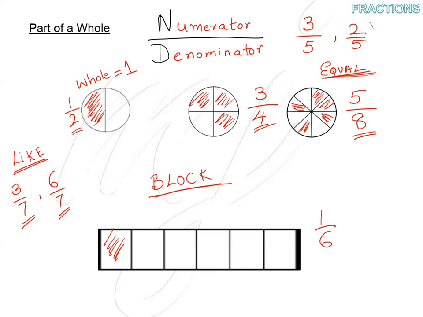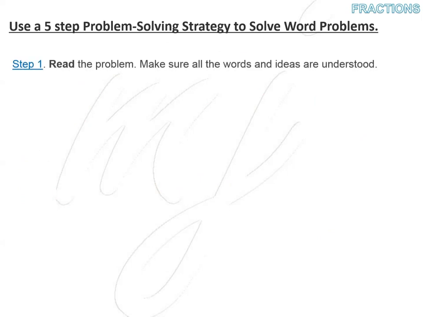But before going to word problems, let us understand how to tackle word problems. So we have a small understanding of 5-step problem solving strategy. A small strategy of how to solve word problems. First, we have to read the problem. So read it once, read it twice, and make sure you understand all the words and ideas.